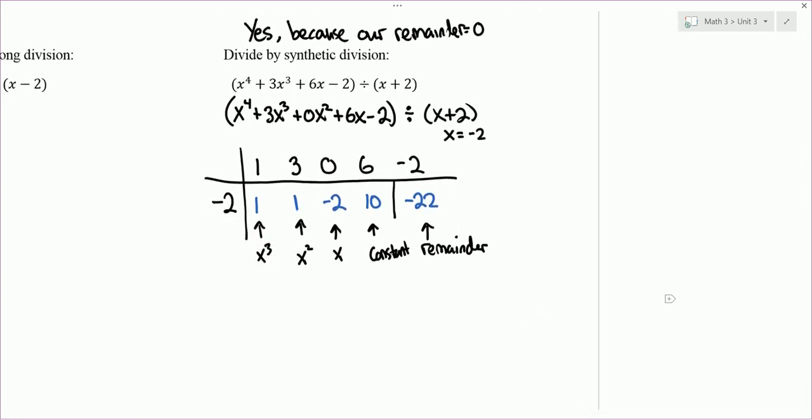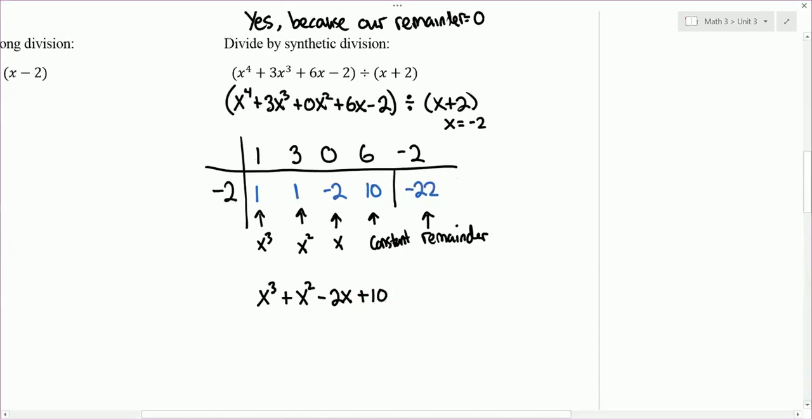So what happened here is we divided and we ended up with 1x to the third plus 1x squared minus 2x plus 10 with a remainder of negative 22. Now there's a couple different ways we can handle remainders. For right now, we're just going to put r for remainder negative 22.